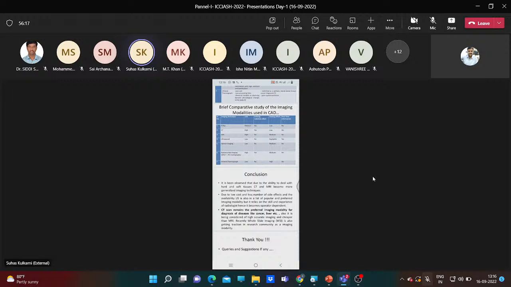Before I conclude, very briefly, in our journey of an intelligent approach for liver segmentation, as a first step we made a study of all these imaging modalities, where the objective was that no computer researcher need go into the details of this, and just by referring to this, they can decide, irrespective of their disease or domain area, which medical imaging modality will be suitable for their research in medical image processing.